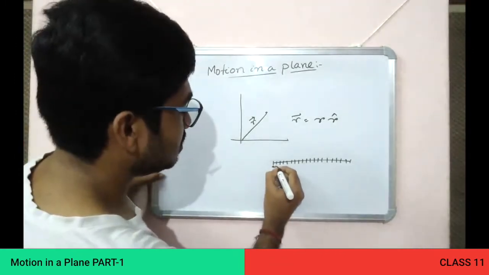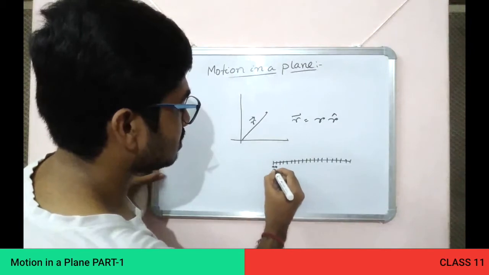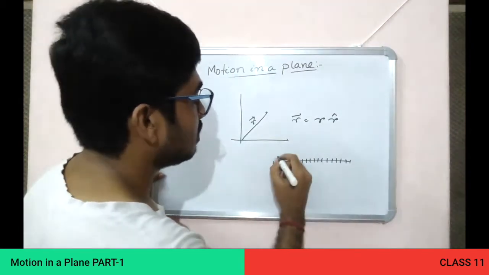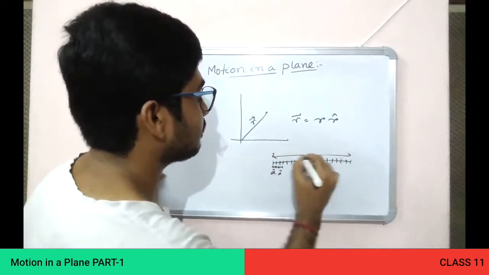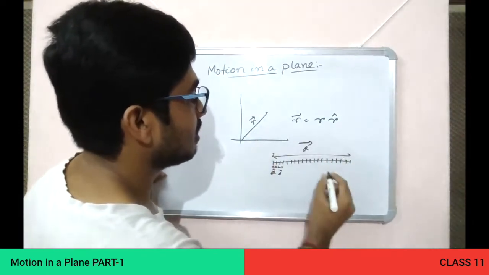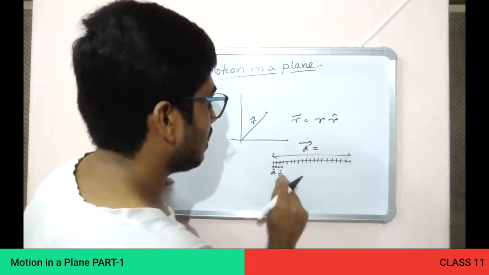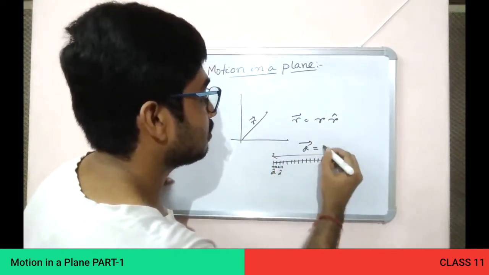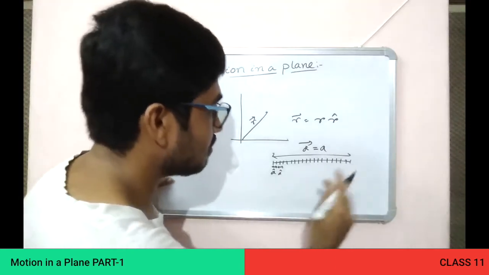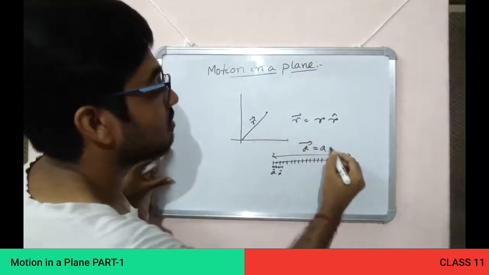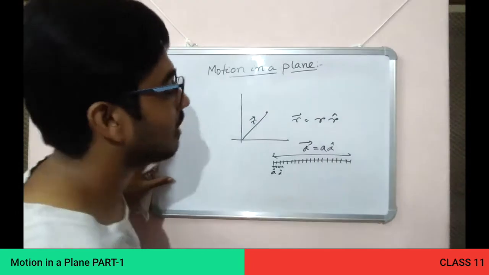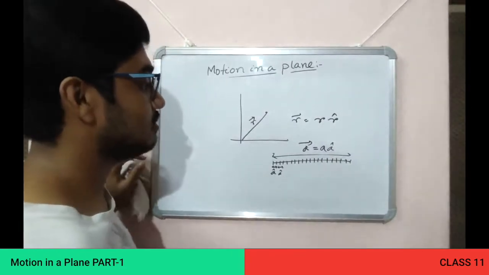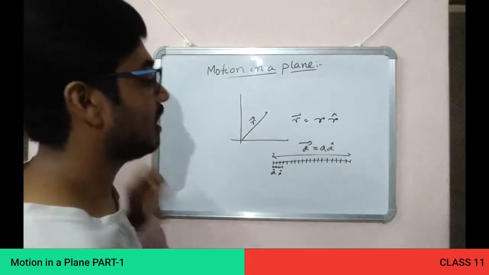One smallest division is the unit vector A. There is another A. So in total, this is the A vector, which denotes a number of A, suppose there is A times A, and a vector and a unit vector A cap. So this is the funda.